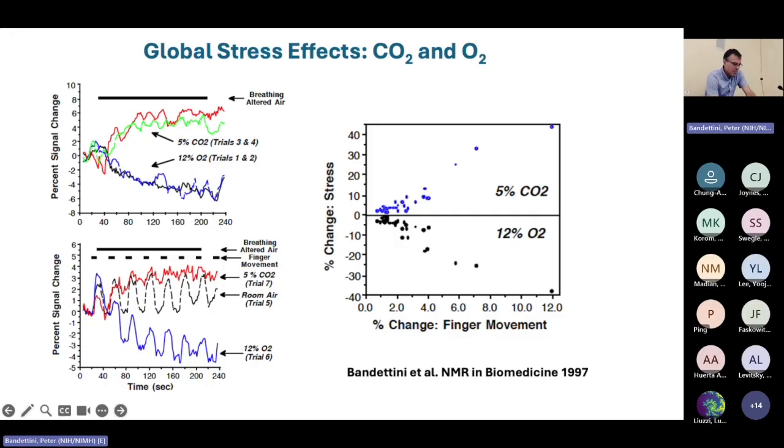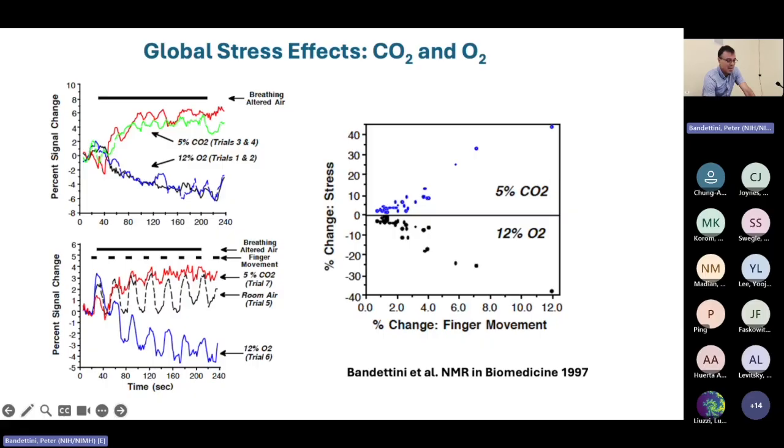But what's really interesting from this histogram, and this is one thing I found very revealing, is the change during the stress, and this is everything from 40% signal change with CO2 to minus 40% with decrease in O2, you find that there's a nice relationship between that and the percent signal change with finger movement.